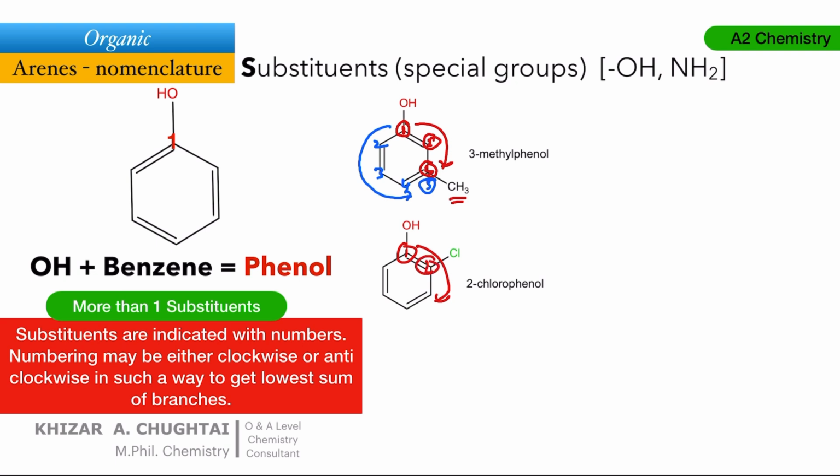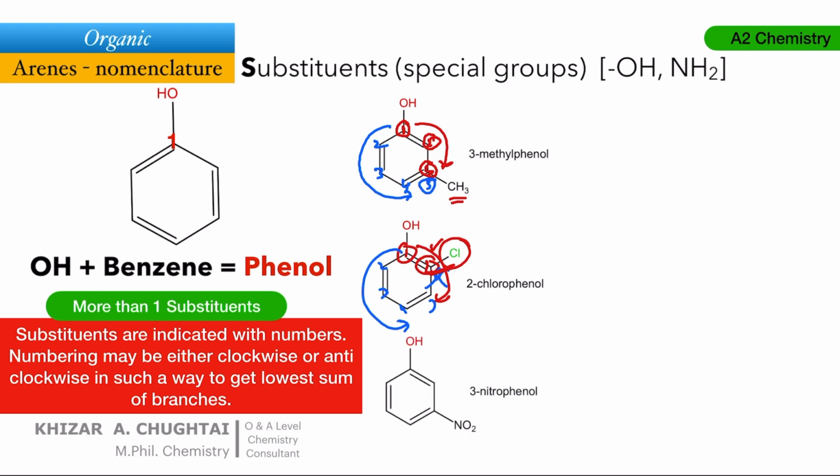If I'm moving anti-clockwise from OH group, it's getting 2, 3, 4, 5, and 6th position. But the smallest number will be preferred. So its position is 2 and it is acting as a branch. In this case, its name will be 2-chloro, and the rest of the whole molecule is phenol, 2-chlorophenol.